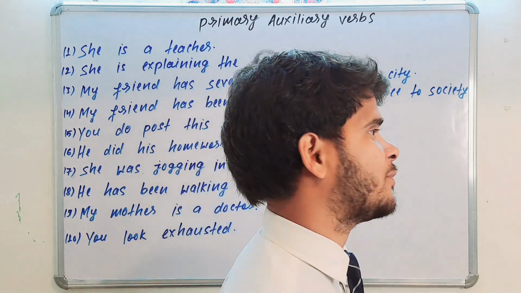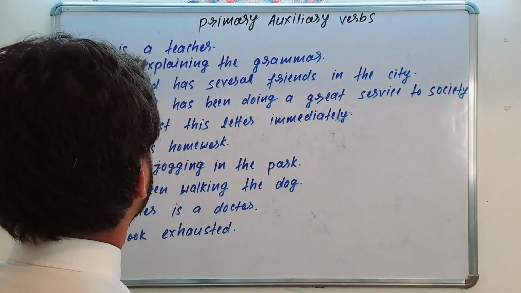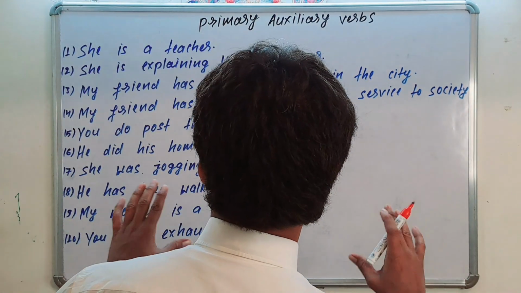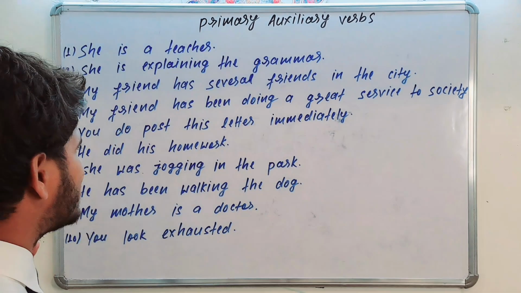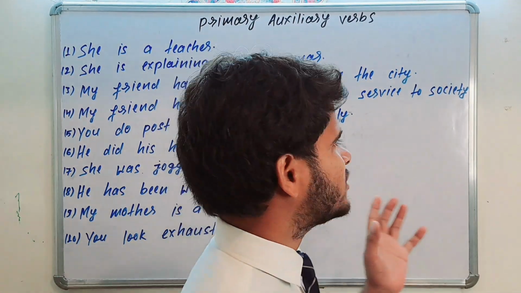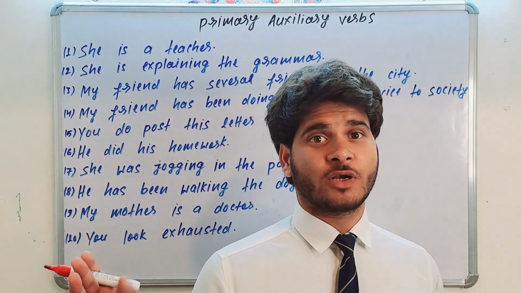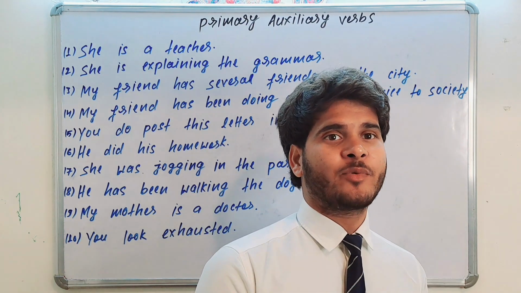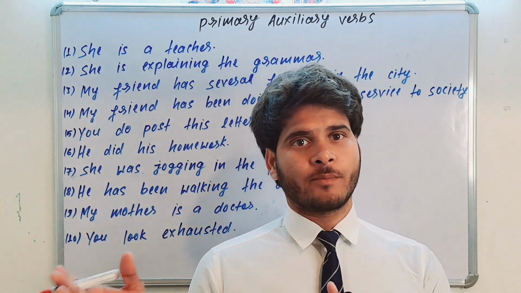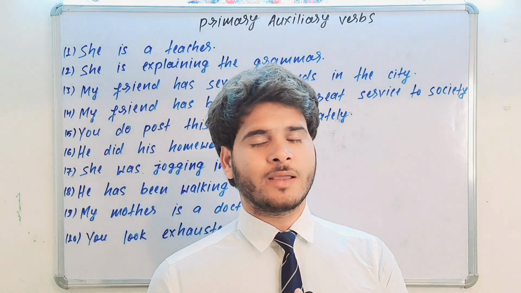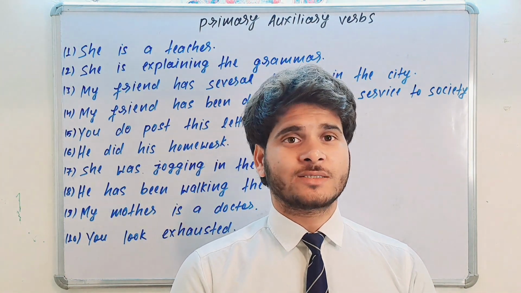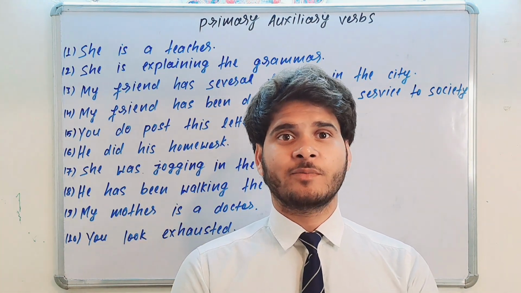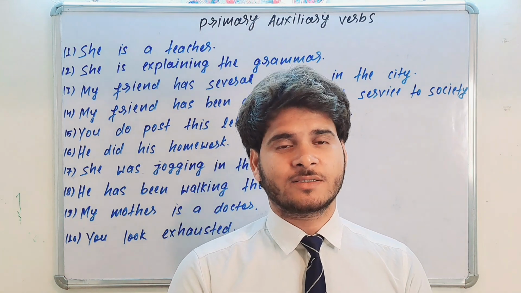Now let's come to the topic. I have written some sentences, and with the help of these sentences I will help you understand primary auxiliary verbs, which are used as both helping verb, auxiliary verb, or main verb. Main verb is also known as lexical verb, the primary verb in a sentence.